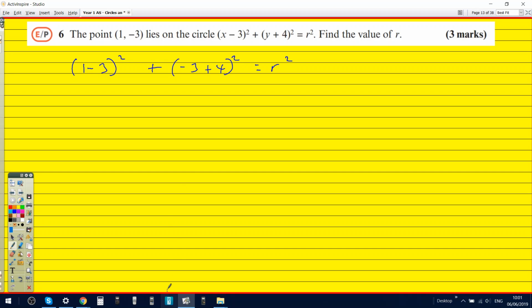So we've got 1 minus 3 squared plus minus 3 squared, which equals 5. So r squared equals 5. So r would be just root 5. That's great.